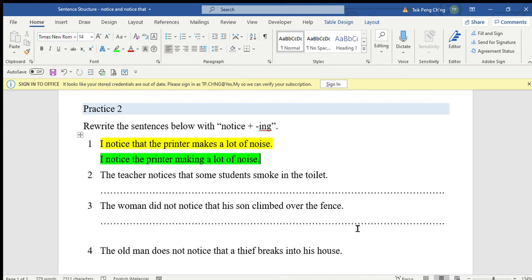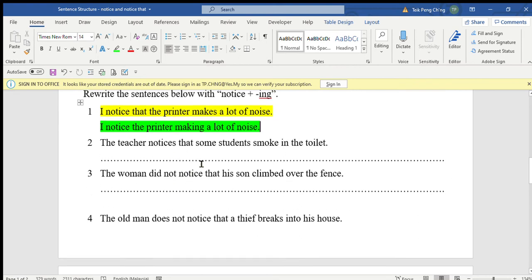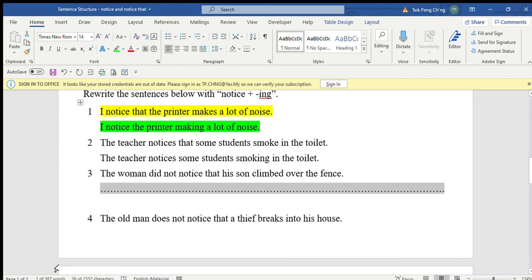Okay, number 2. The teacher notices that some students smoke in the toilet. The teacher notices some students smoking in the toilet. Okay, number 3. The woman did not notice that his son climbed over the fence.